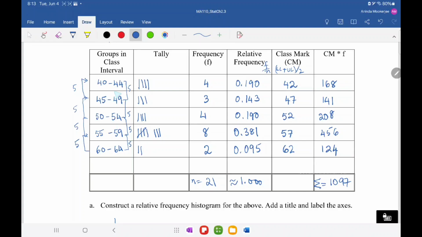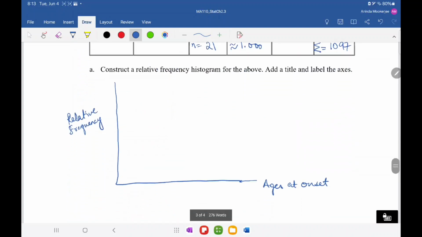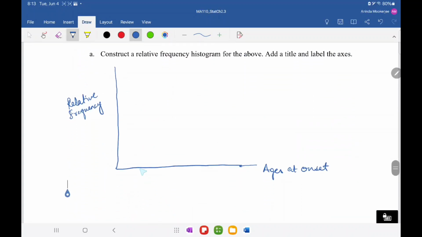However, you can also write 40 to 44 for each mark on the x-axis. So let's just build this up here. How many do we have? We have 5 intervals, right? So 1, 2, 3, 4, and 5.